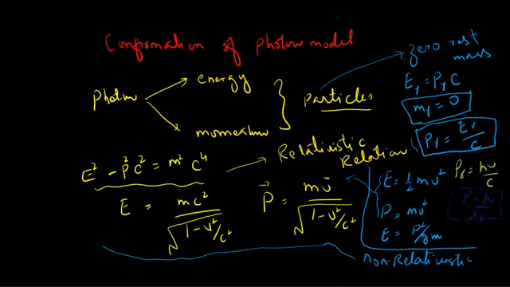So this is the most important relation between the momentum and the wavelength of the photon, in which we are interested. In the Compton effect, we will discuss the shift in the wavelength, that is, how the wavelength shifts.